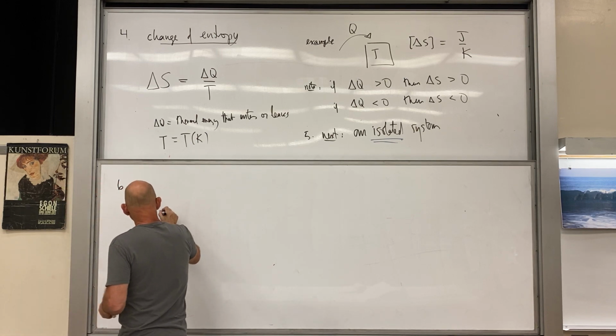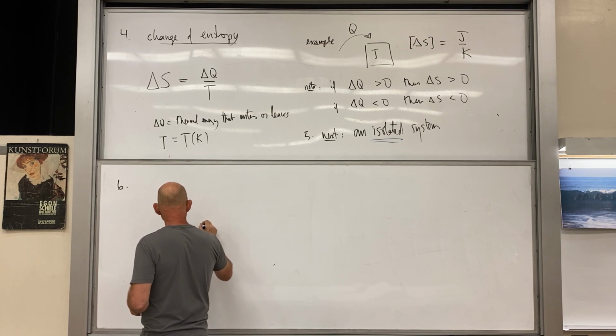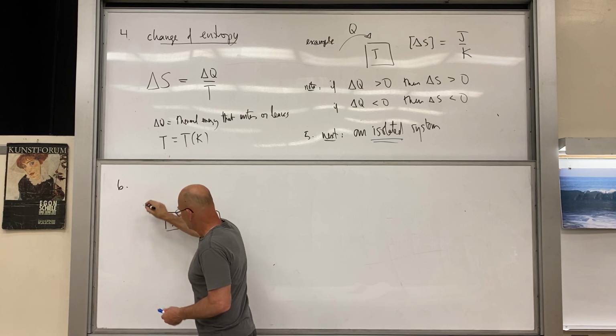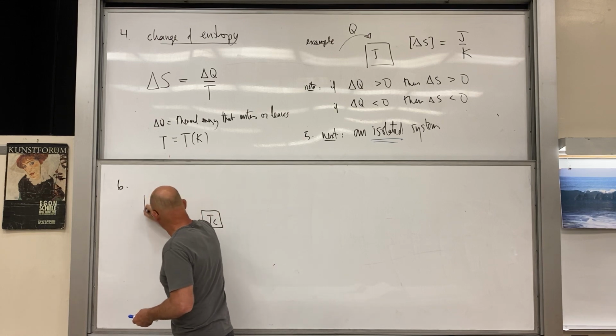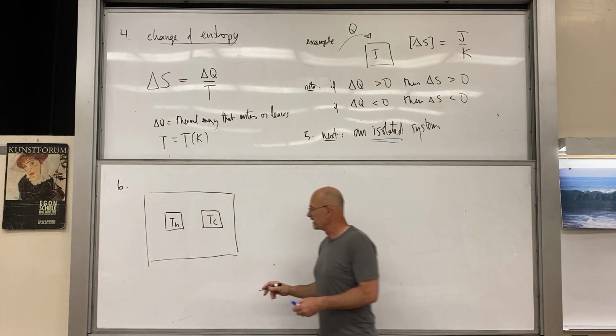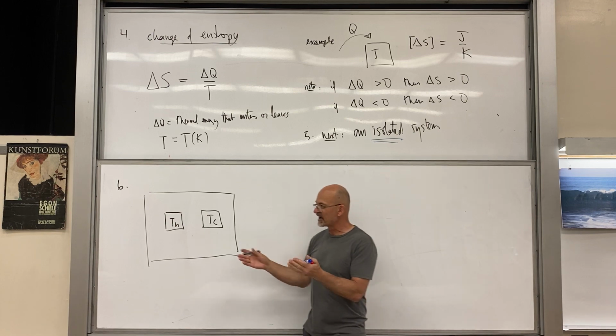So here's our isolated system, and here's what's happening. We take a hot object and a cooler object, and when I say they're isolated, we just put them in a box where there's no energy flowing in, no energy flowing out. That's why we say it's a cooler.